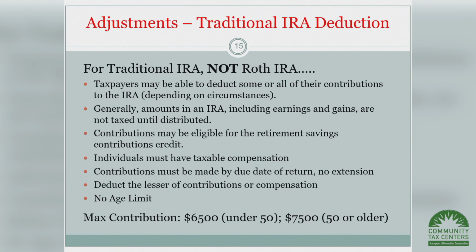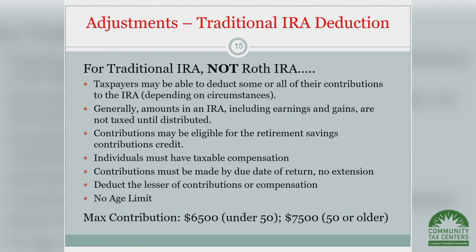So if the contribution is for 2023, then you would have until April 15th of this year to contribute and get a deduction for it. Oh, okay. As long as they do it by the time they do the return? Right. Extensions don't apply in this. Exactly. Very good. Good questions.